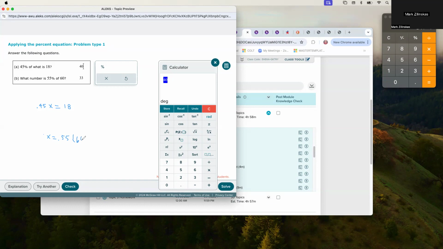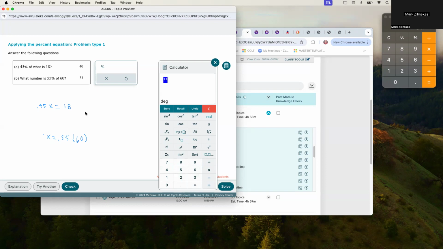That is really bad, sorry about that. So all I need to do here for this equation is just multiply 0.55 times 60, and I am going to get 33.